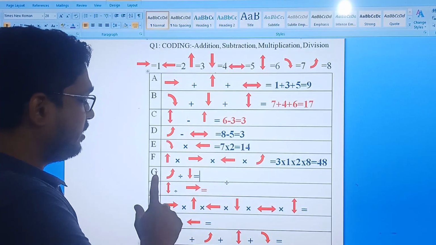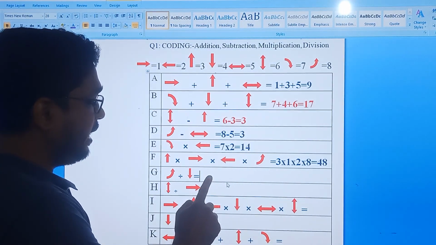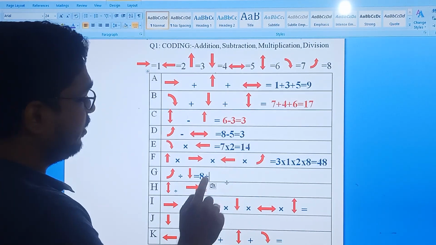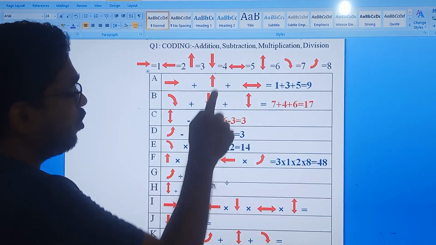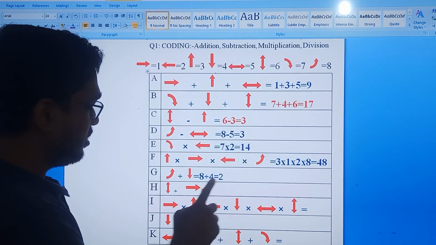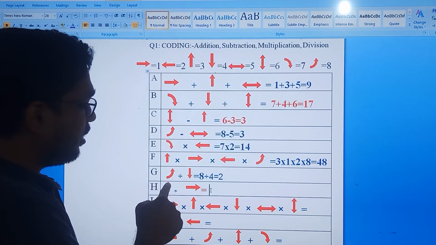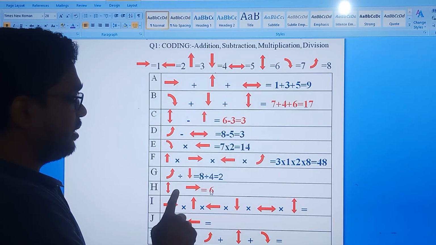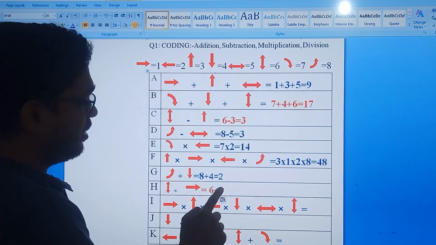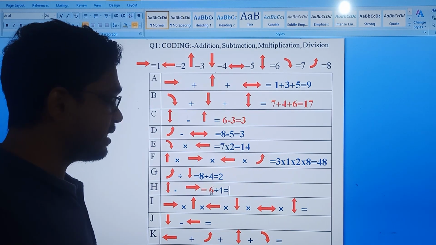So next come to bit G. So what is the value of this curved arrow? It's 8 divided by, this is 4. 8 divided by 4 is equal to 2. Next come to bit H. What is the value of this vertical arrow with both sides? 6 divided by 1. 6 divided by 1 is equal to 6.